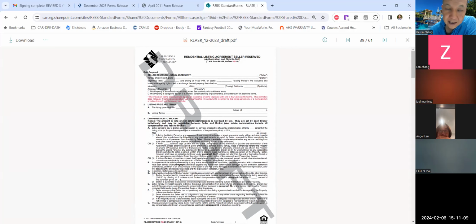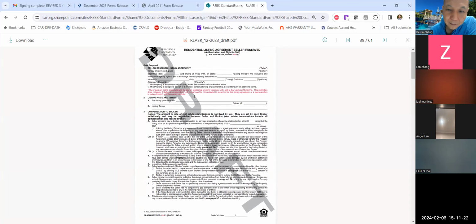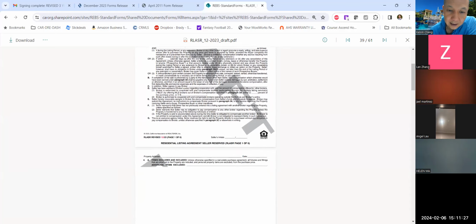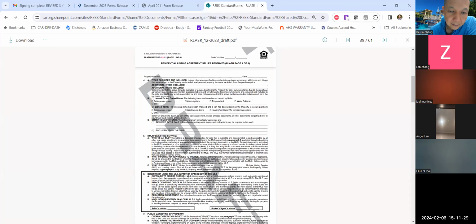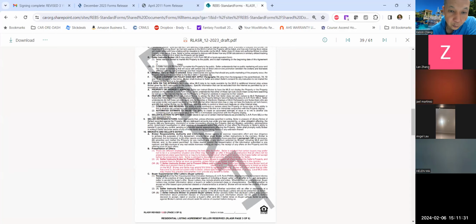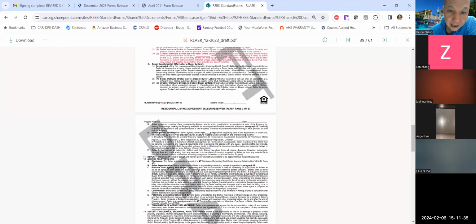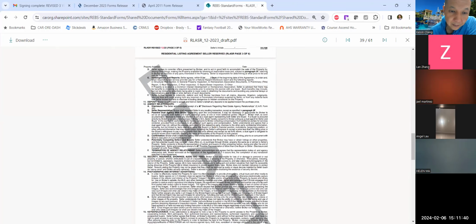You still have the standard 10 elements of a contract required that make it a valid contract, like identifying the property, identifying a price, a term, an expiration date, an address, an APN number. So anyways, if you're going to do a seller reserved listing, the commission, everything looks the same. Not much difference from the regular listing. You still have a duty to present offers and present love letters or not present buyer love letters.